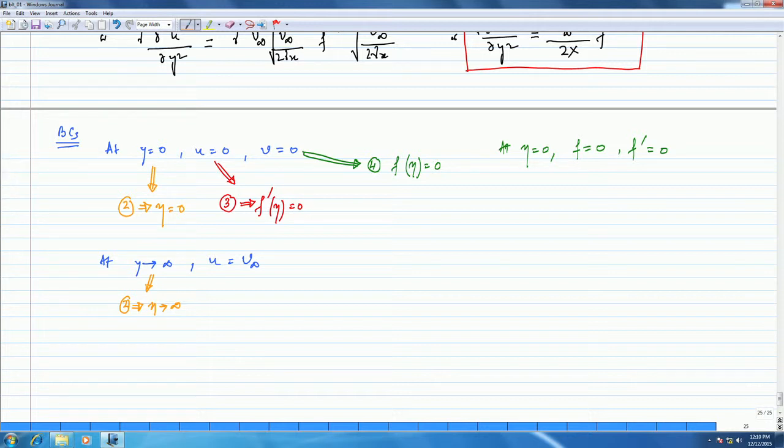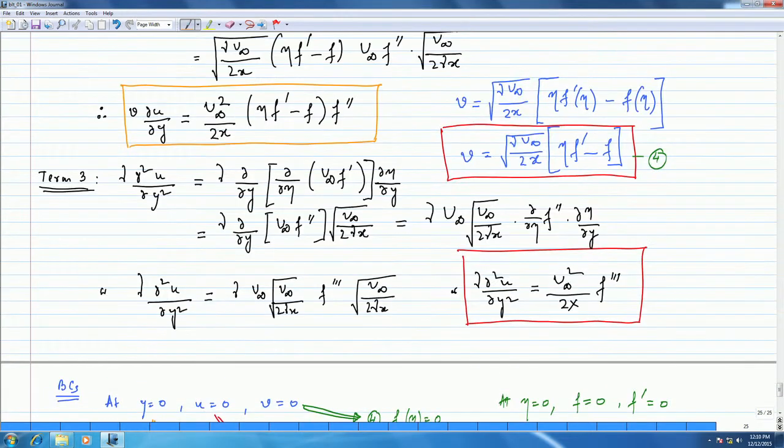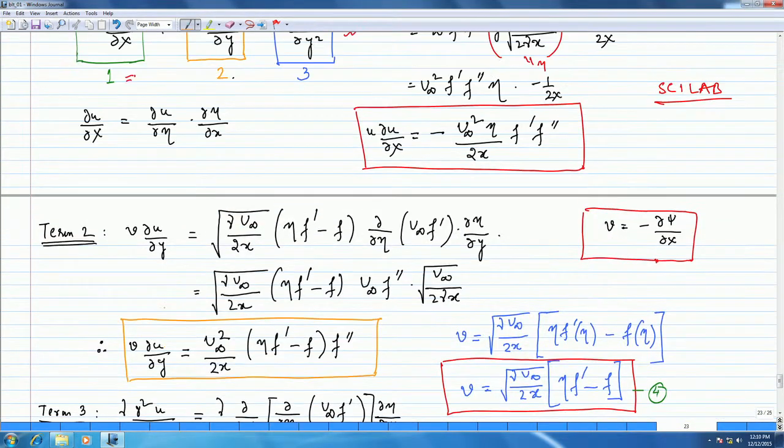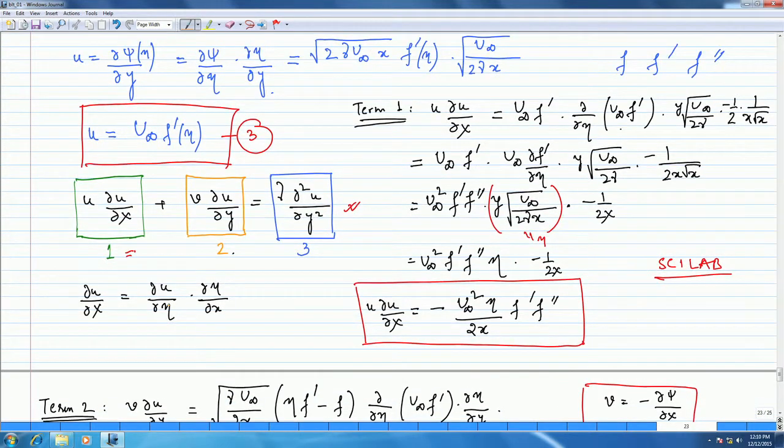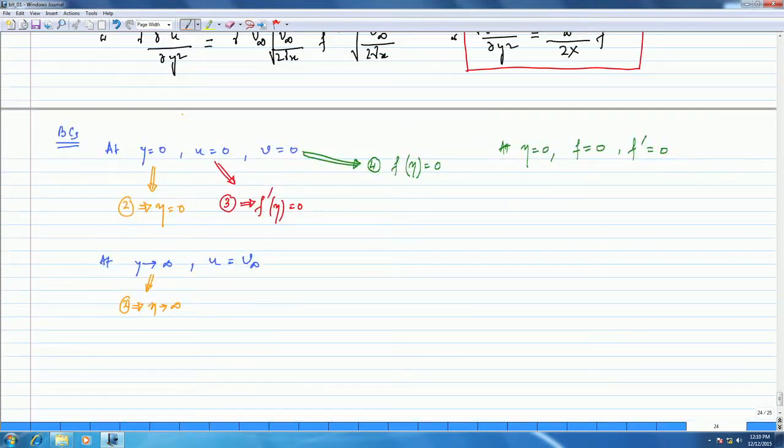So if that is so, from 3, if u is equal to u infinity, then f dash is equal to 1. So it actually takes a constant value.